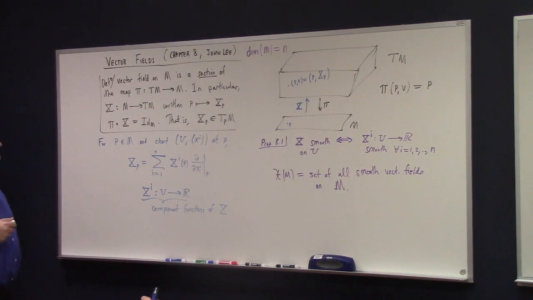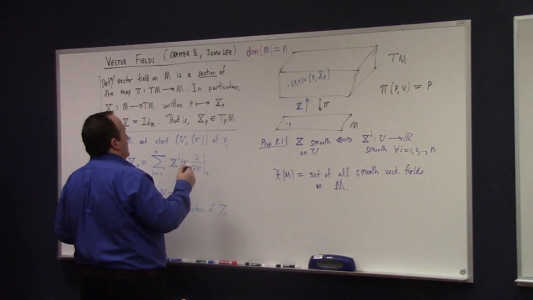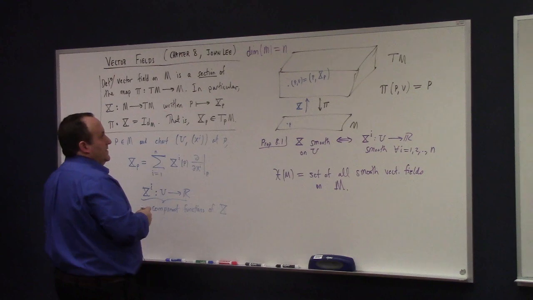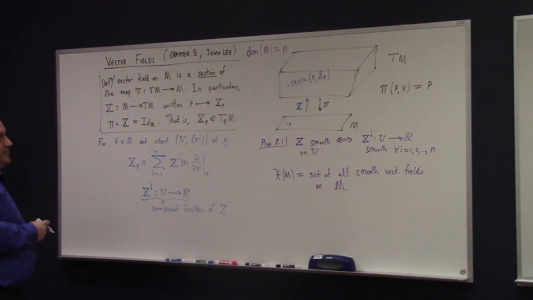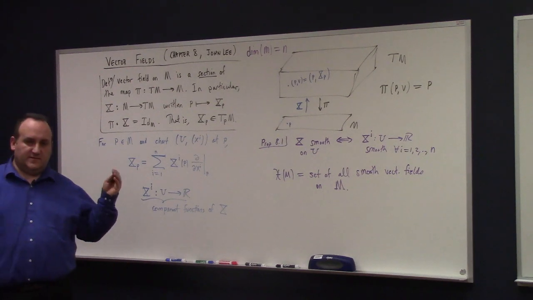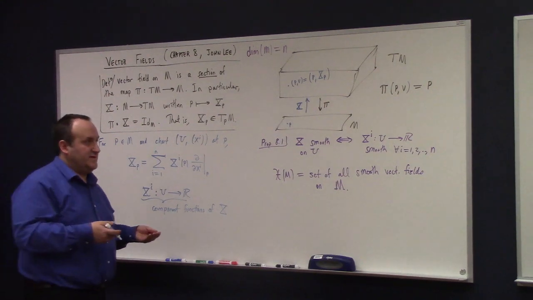The definition of a vector field is that X_p can be any vector in the tangent space. So in principle, if you think about the totality of all possible functions from M to the tangent bundle, you could look at all kinds of weirdo functions.